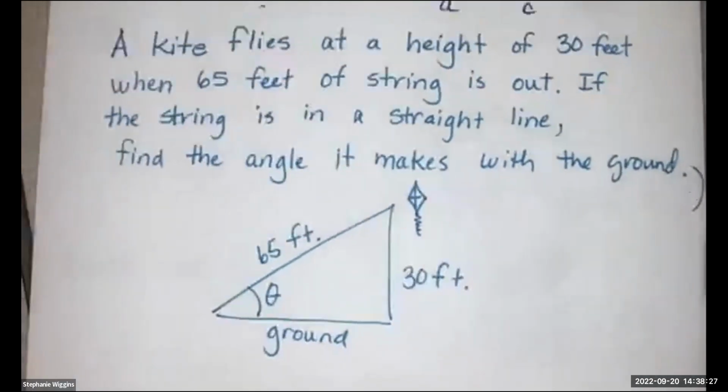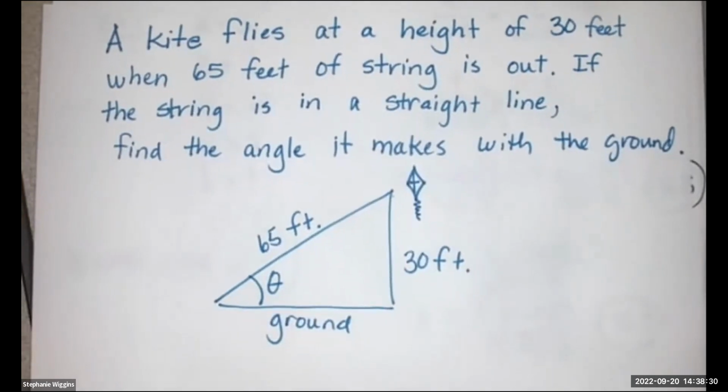You have a kite that's flying at a height of 30 feet, and the string attached to the kite is 65 feet. If you assume that it's in a straight line, they want you to find the angle that the line makes with the ground.